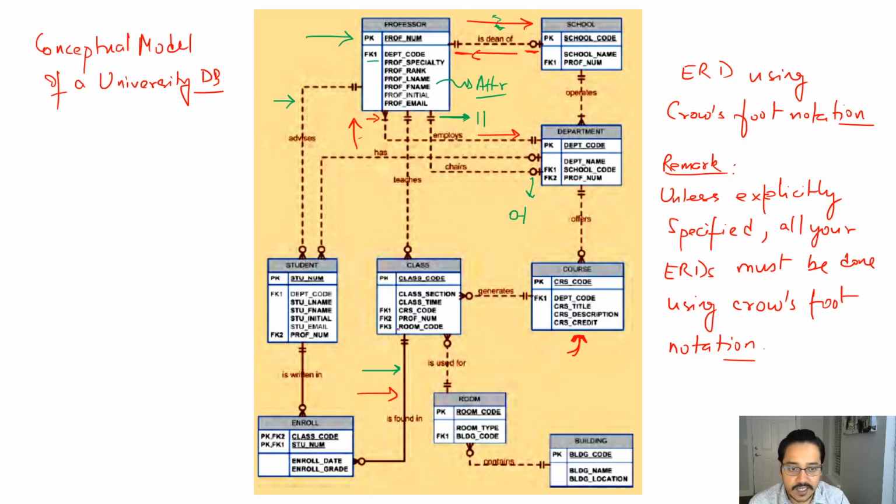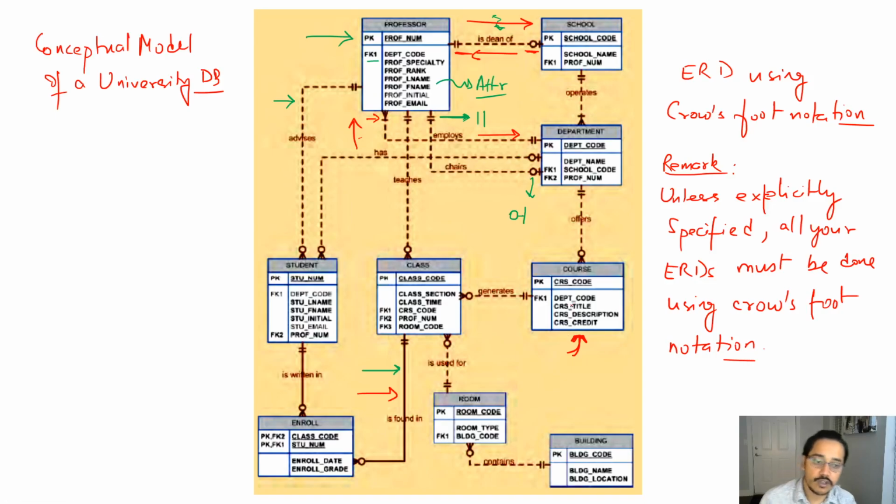You can see here, class is found in enrollment. So here class is the parent and enrollment is the child. The child's primary key is composed partially of a foreign key coming from the parent, the class code. As a result of that, the relationship between them is a strong or identifying relationship.